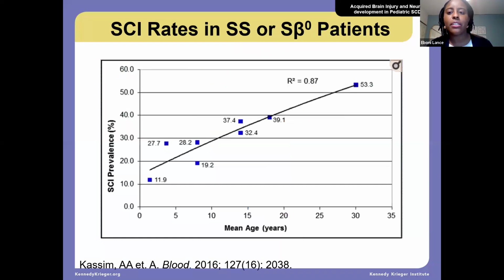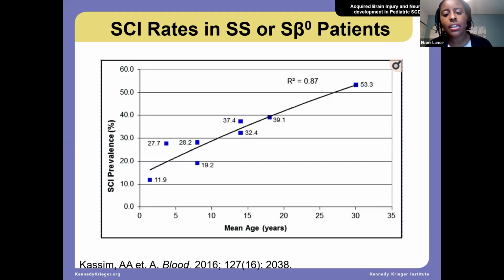So let's talk a little bit more about these silent strokes. They're the most common neurological complication in sickle cell disease, probably similar to headache in this population. As you can see here, the risk for silent strokes changes over the lifespan.